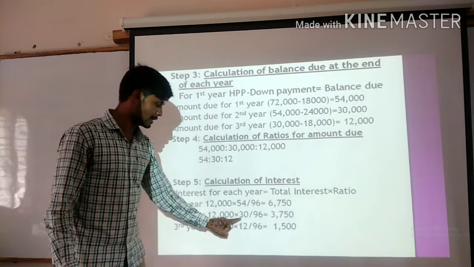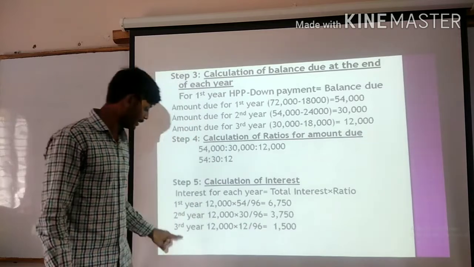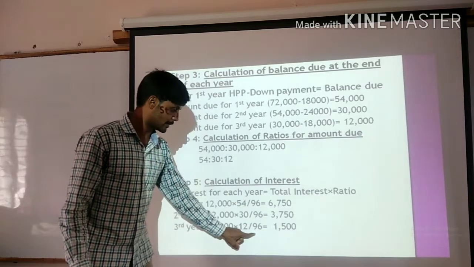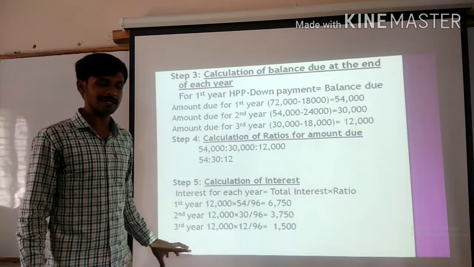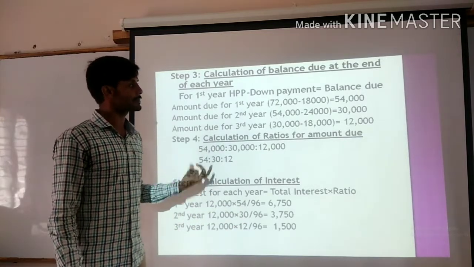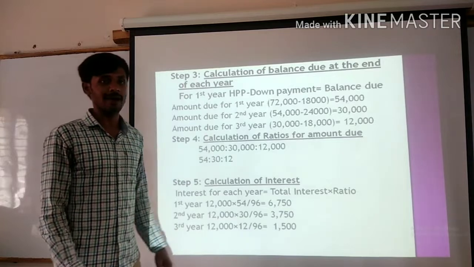Second year, 12,000 into 30 by 96 gives 3,750. Third year, 12,000 into 12 divided by 96 gives 1,500 rupees as the interest amount. That's how we can compute interest when the rate of interest is not given.